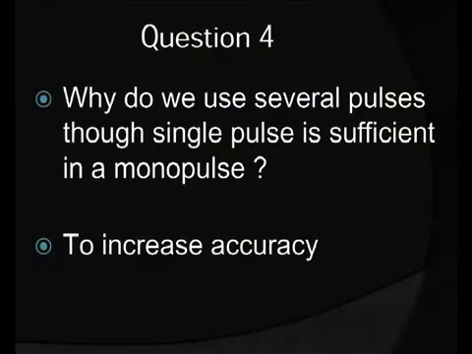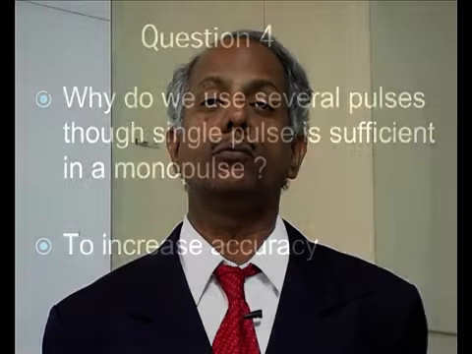Why do we use several pulses though a single pulse is sufficient in the case of a monopulse? Yes, by design a single pulse is sufficient to get the information on the range as well as azimuth angle or elevation angle or both, depending on the capability of the monopulse.